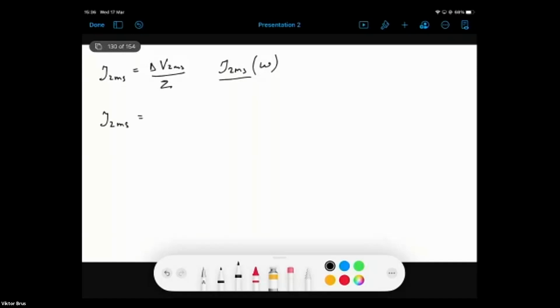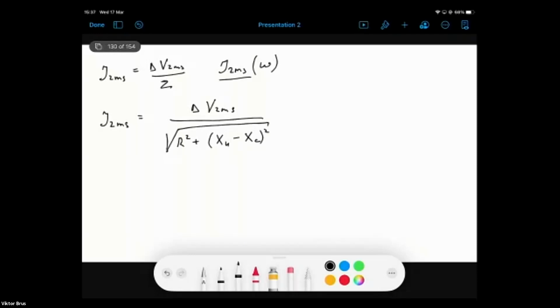So this IRMS in more general form is represented as delta V RMS divided by square root of R square plus, oh sorry, not square, XL minus XC, this is square.